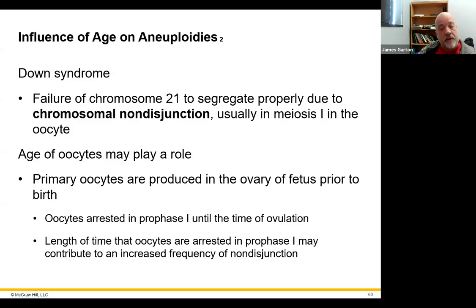At puberty, that meiosis restarts. And it seems that the longer those oocytes are stuck in prophase 1, the more error prone they are when they resume meiosis.